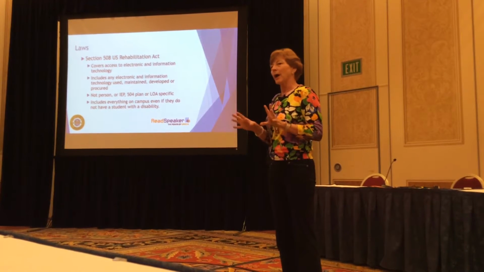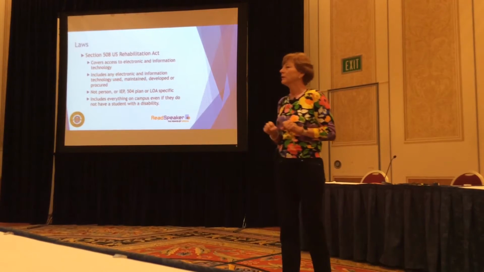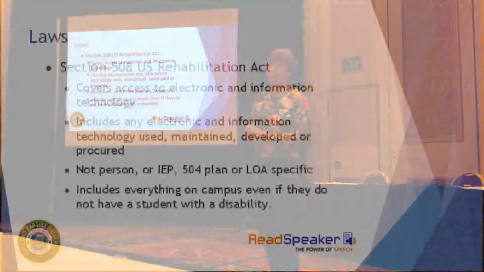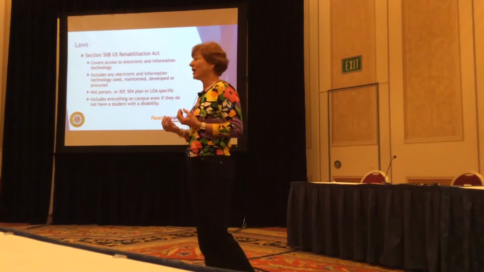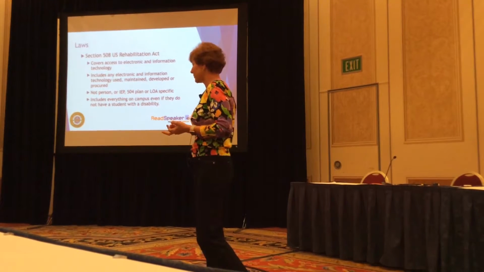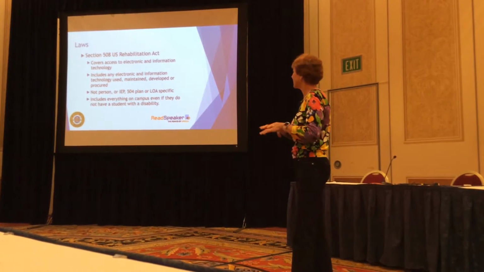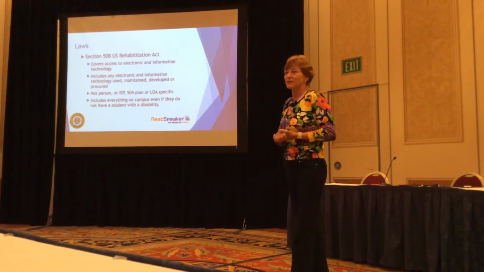So I can get by, I can read all right, I have to struggle, it takes a little bit longer, but I can get through the material, so I don't want a letter of accommodation. Or perhaps I have English as a second language, and I speak it really well, but I don't read it so well. There are all sorts of possibilities where you're not really talking about a declared disability, but we have people who approach material in different ways. So 508 looks over everything you've got on campus, even if you don't have a disability, so it all has to be accessible.